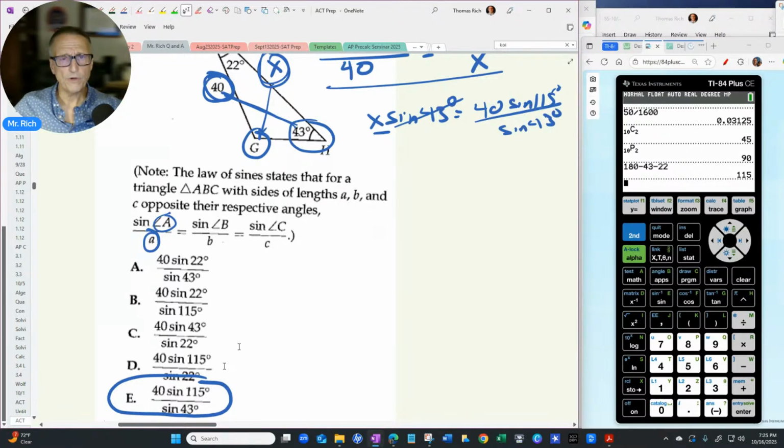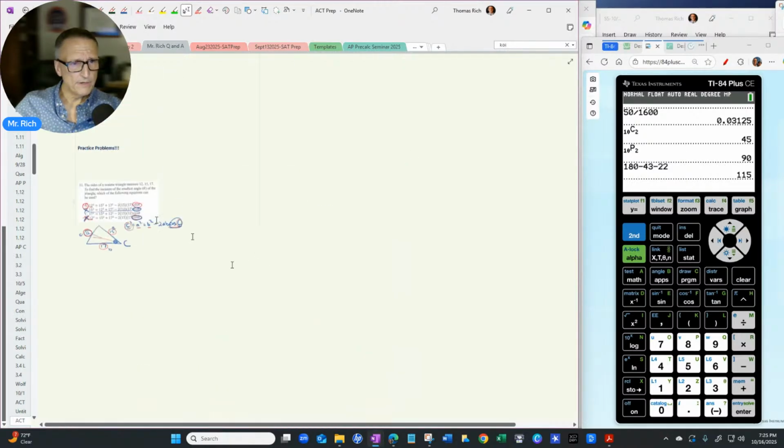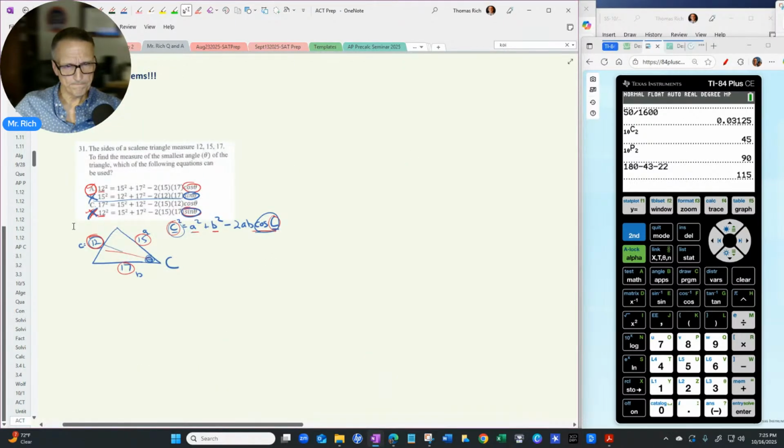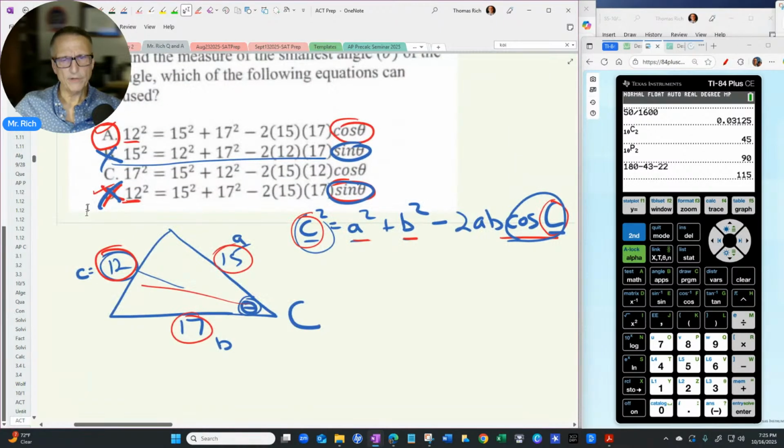Now, I want to show you one other thing about law of sines and law of cosines. Going back to this problem here, one of the most typical configurations of the triangles when you are doing the law of cosines is that you know two sides and you are trying to find the angle that's sandwiched between them. In other words, this is what we call a side angle side configuration.